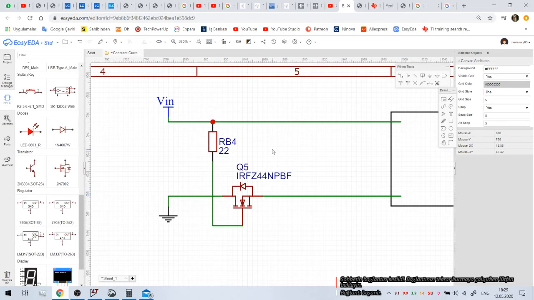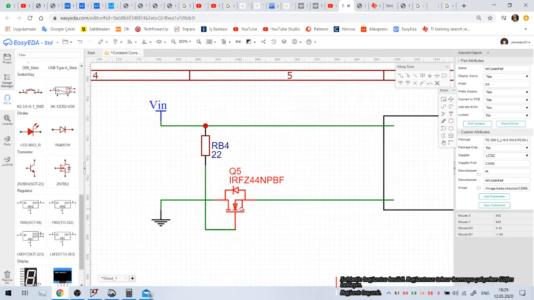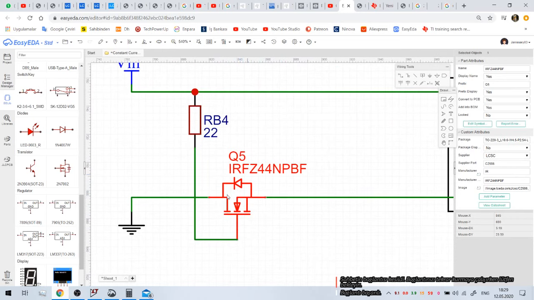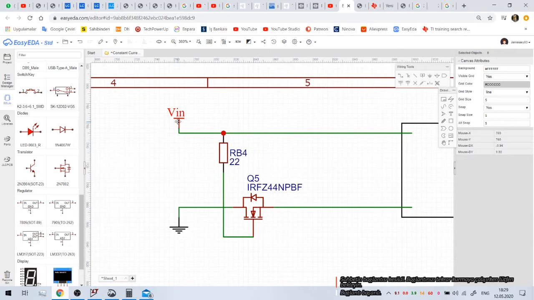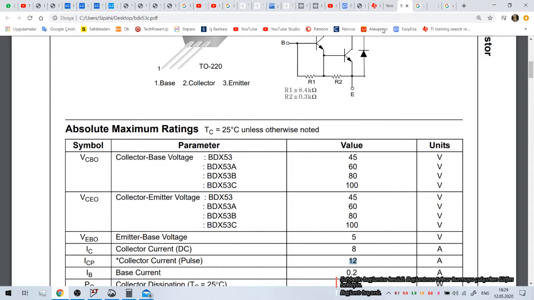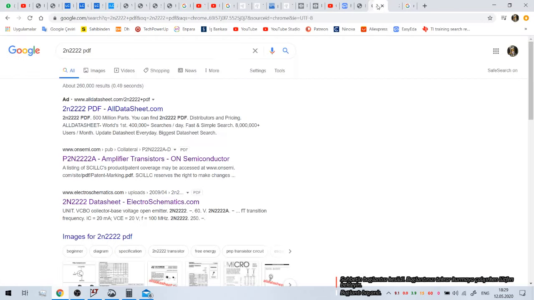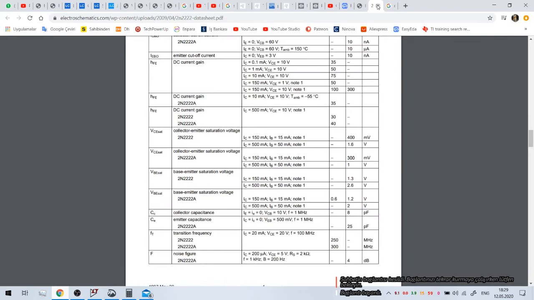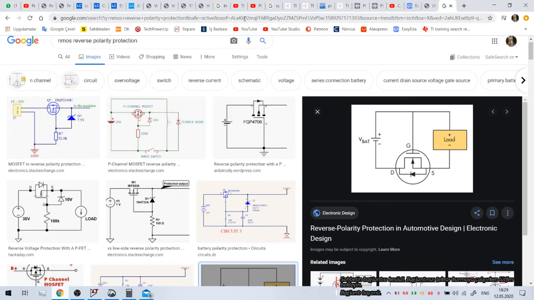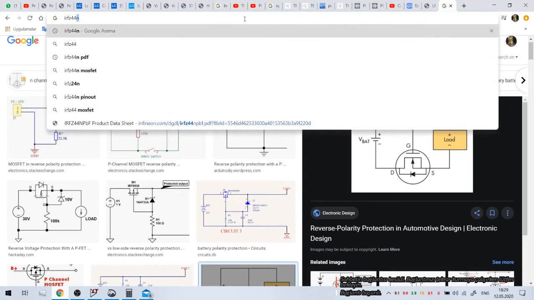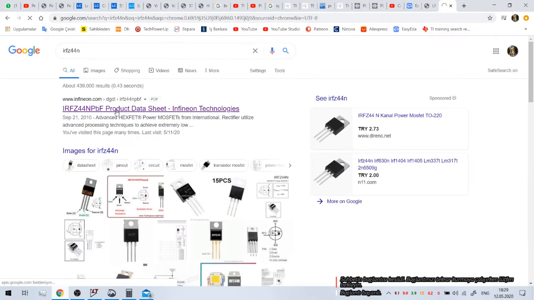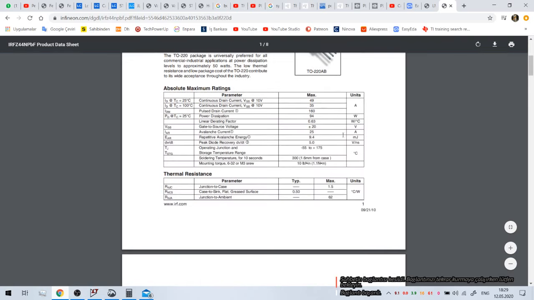What kind of problems? This MOSFET's gate-source voltage will increase toward the Vin terminal, and for the IRFS 44N, I want to look for it. Yes, take one datasheet.